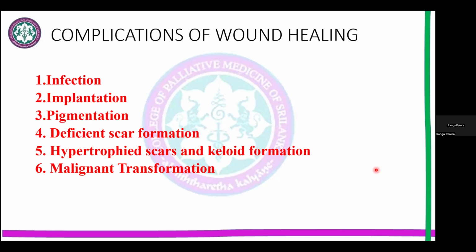Implantation means there may be a foreign body. Now, with these injured tissues, when it happens in acute injury, there can be pieces of glass, dust, dirt, mud, various things in between that cause an implantation.